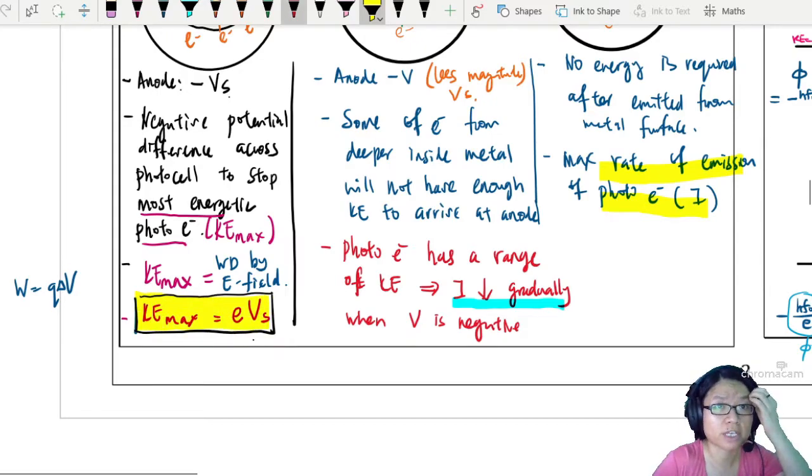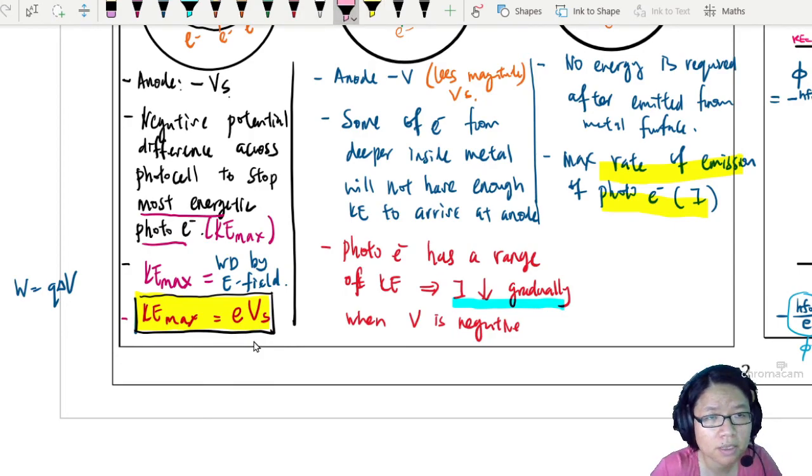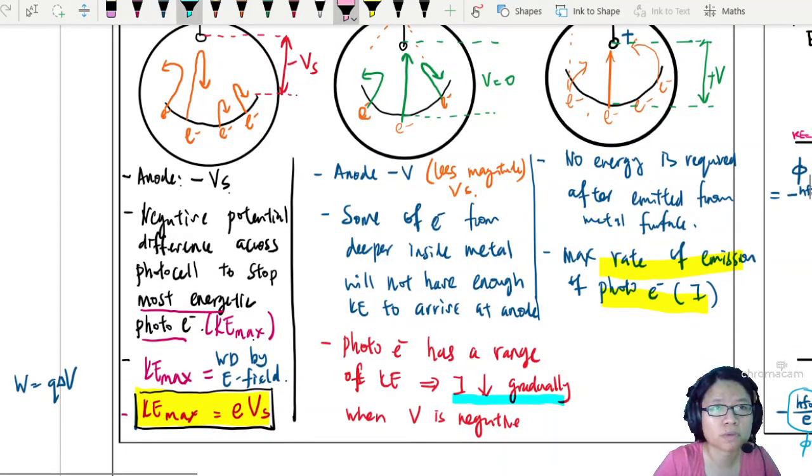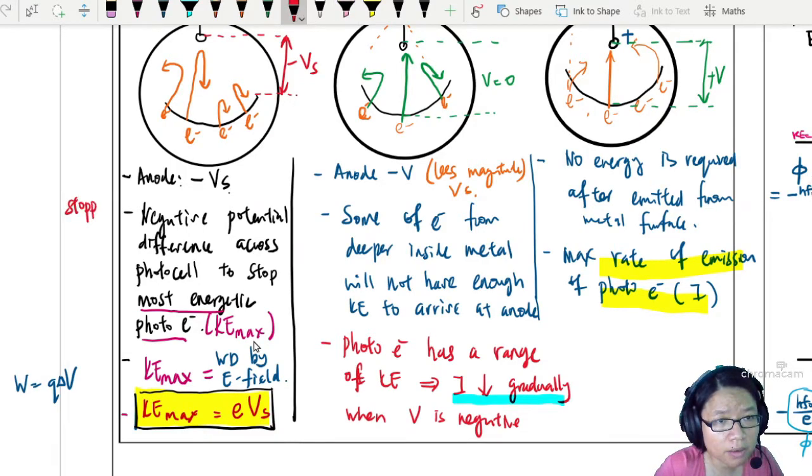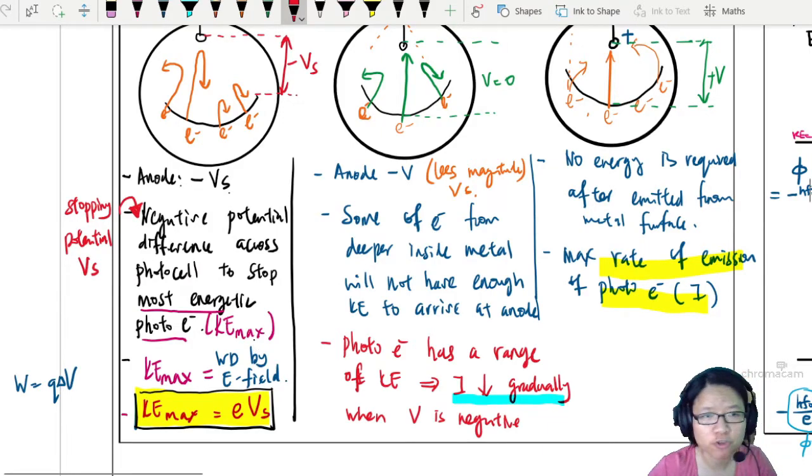This is the definition of stopping potential: Vs, which is the negative potential difference across the photocell to stop the most energetic photoelectron.